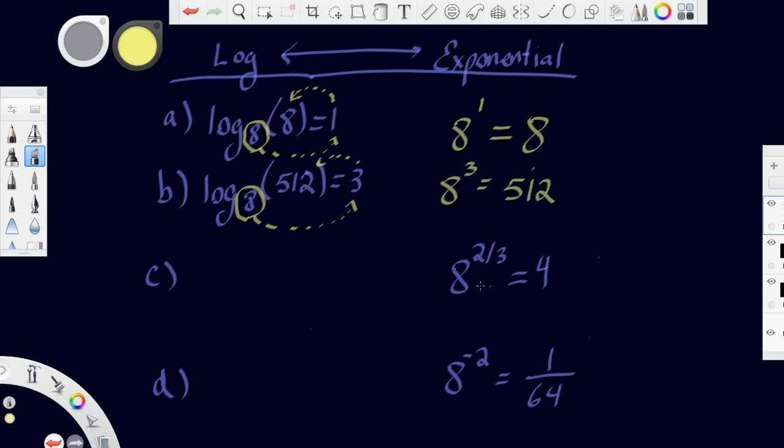Now on these ones, we have to go backwards, so we want to take the exponentials and write them as logs. So that's going to be log base 8 of 4 equals 2/3.